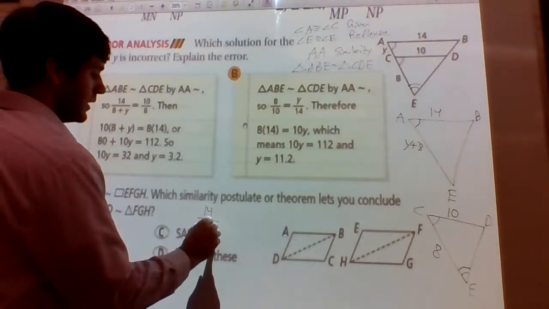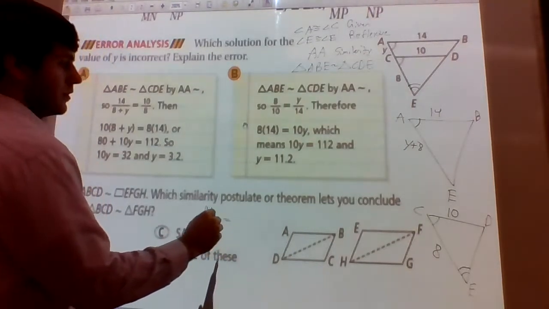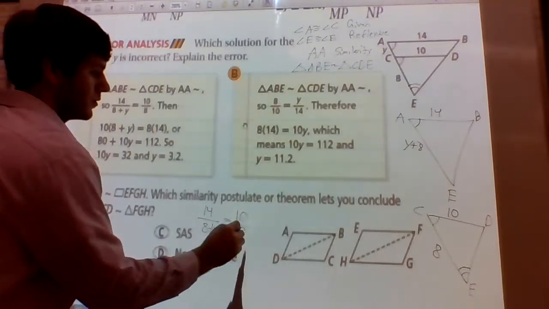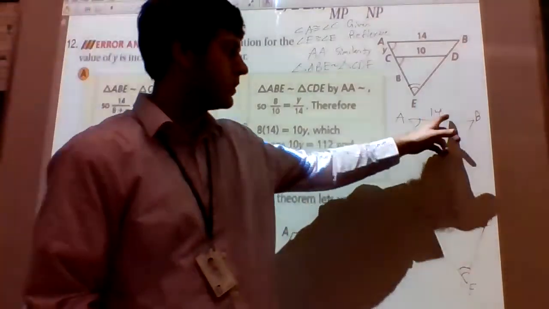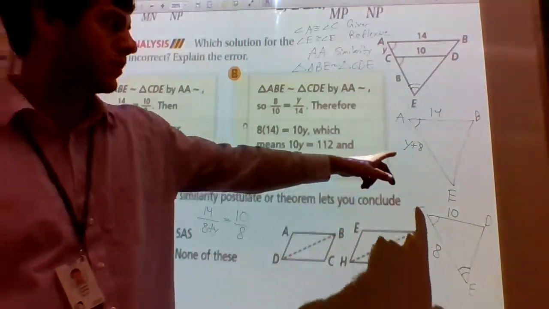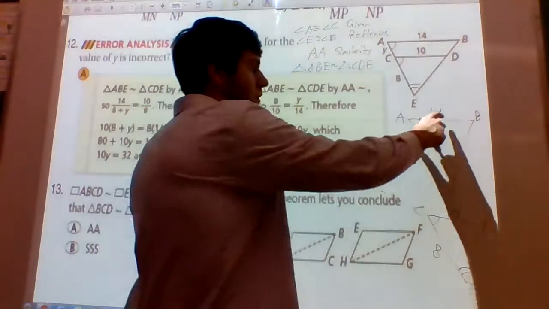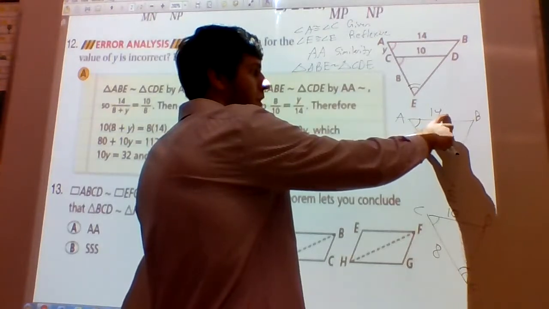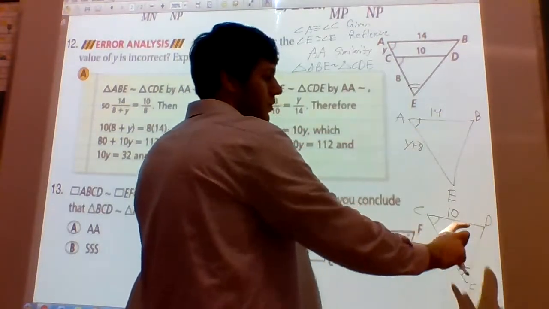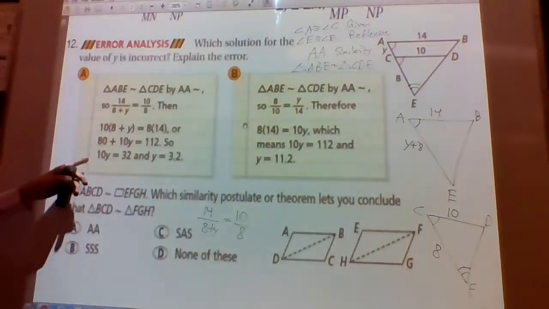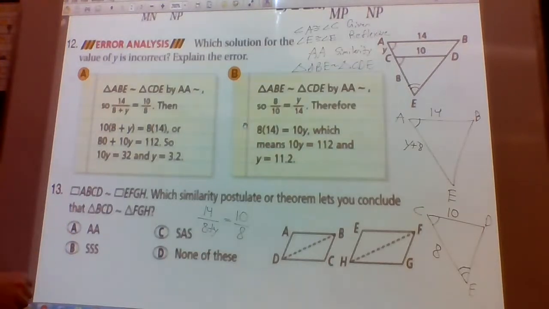So the way we usually write it would be 14 over 10 equals y plus 8 over 8. But the ratio of these two sides should equal the ratio of those two sides as well. So that one looks like it's good.